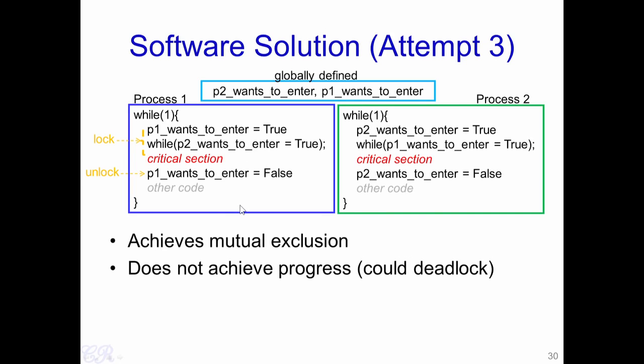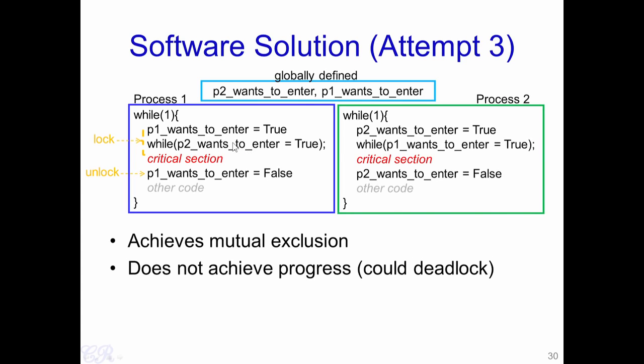So, the minor change we make with respect to the second attempt is that process 1 first shows its intention to enter into the critical section by setting P1_wants_to_enter to true, and only then will it try to determine if process P2 is in the critical section or not. So, it sets P1_wants_to_enter to true, and then it executes in this while loop until P2_wants_to_enter is false.